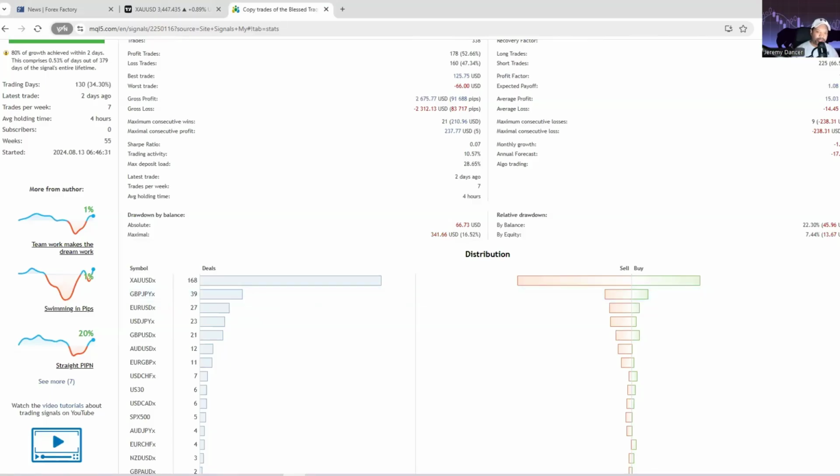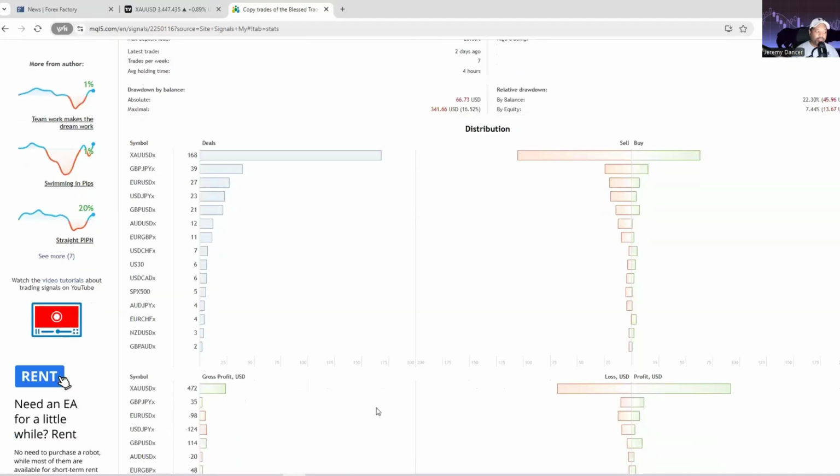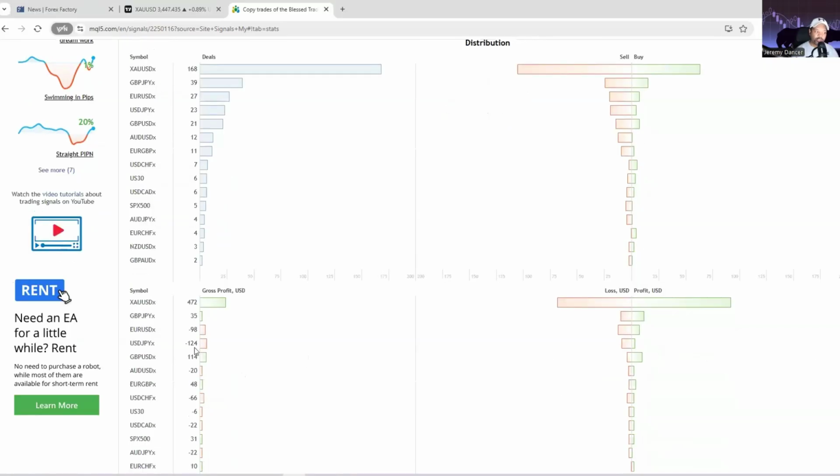So when I tell you guys that I am a prolific gold trader, I'm not lying. You can see this in comparison to the other currencies that I trade. I trade a lot of gold. And then you can see the gross profit and you can see which currency pairs I don't trade that well on.